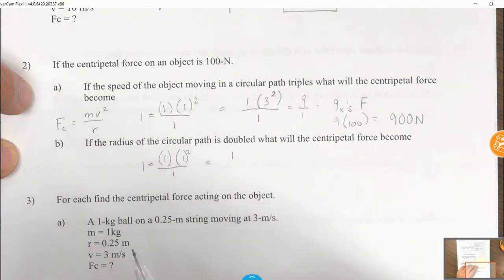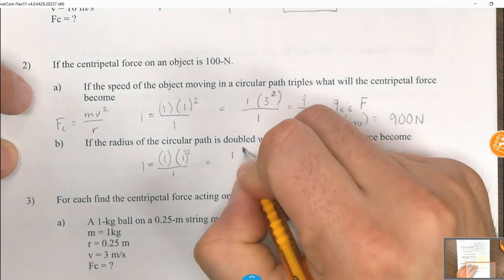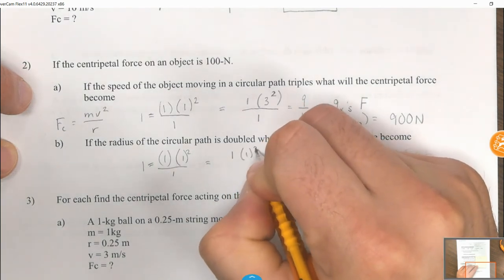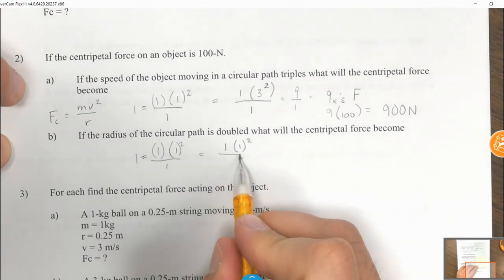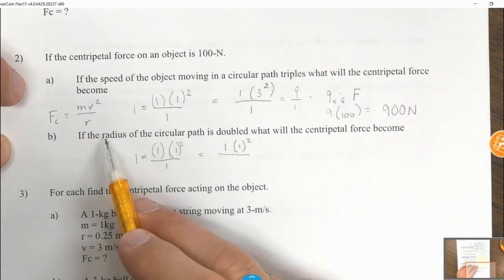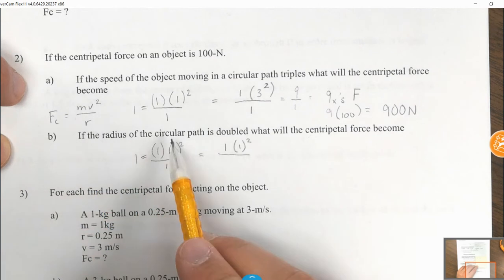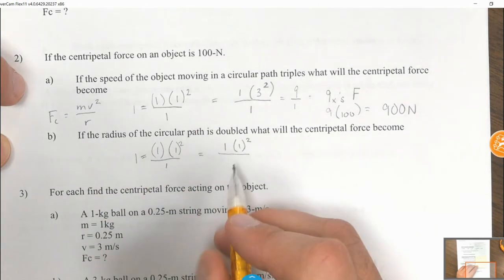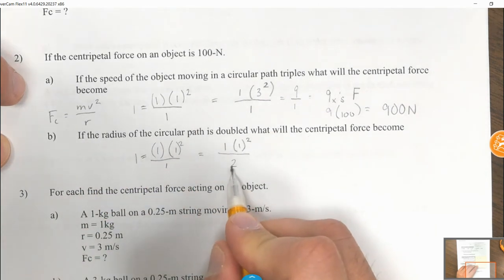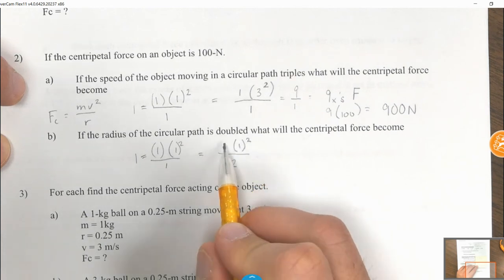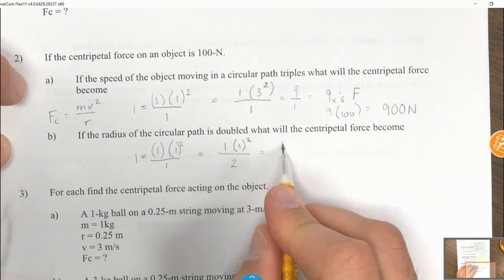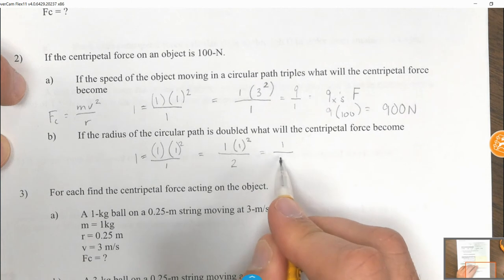Anything in part B about changing the velocity? Nope. So that stays a 1. They did say something, though, about changing the radius, and the radius is on bottom. The radius is doubled. So 1 squared is 1. 1 times 1 is 1. And 2 is just here.